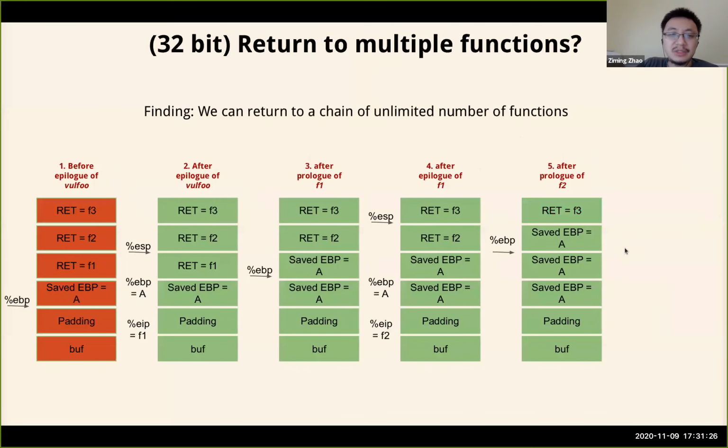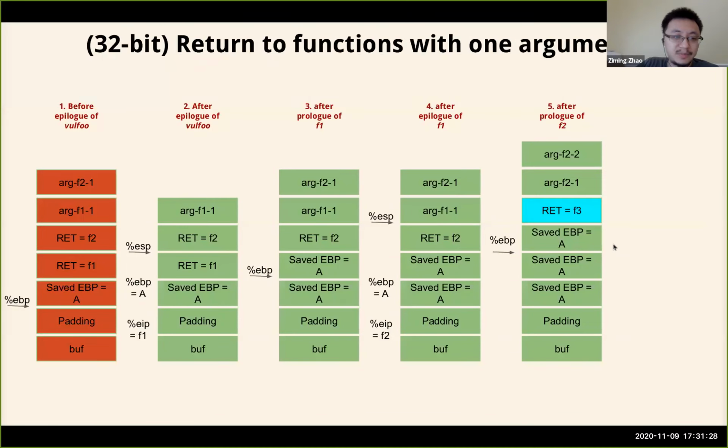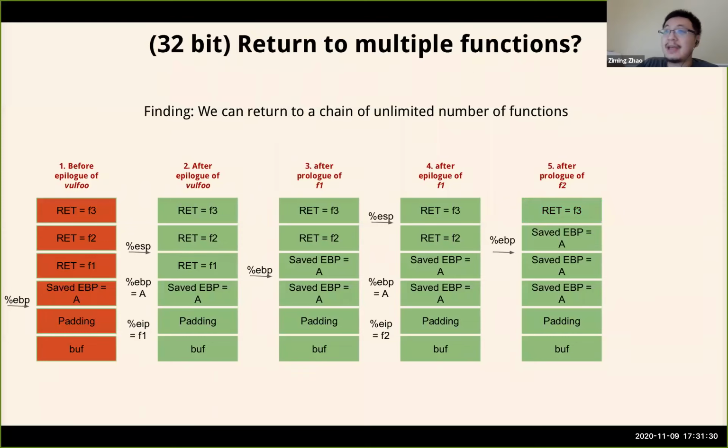We also discussed another case: if you are returning to functions without arguments, then we can chain as many functions together as we want. We just put the addresses one by one, and we don't need to put any arguments on the stack.